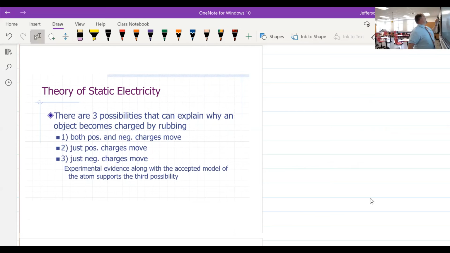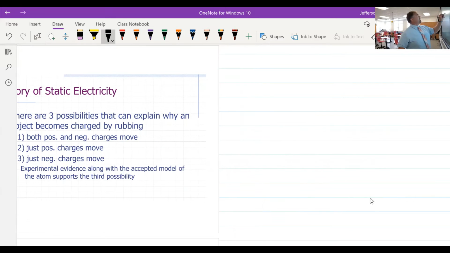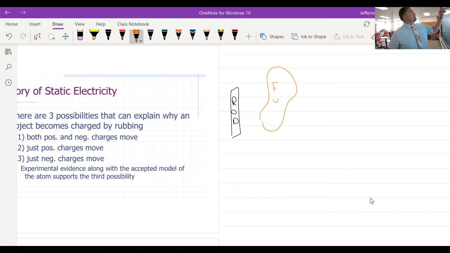I'll draw this out really quickly: this is your glass rod, and this is your silk. There are three possibilities.